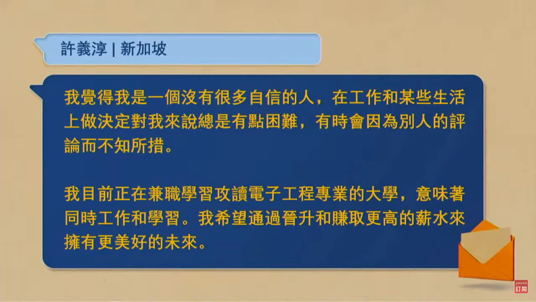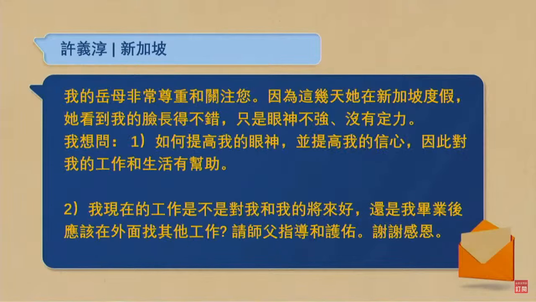Currently, I'm studying for an electronic engineering degree in university, so I'm working and studying at the same time. I hope to have a better future through job promotion and better pay. My mother-in-law is deeply respectful of you and follows you. These days, she came to Singapore for vacation. She looked at my face and said that I have good facial features, but my eyes are not bright and lack determination.